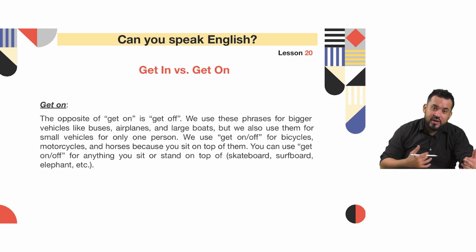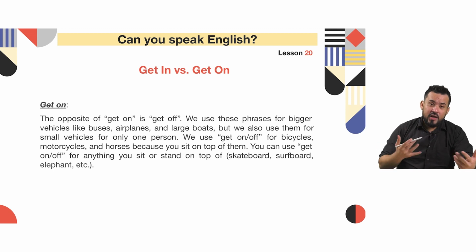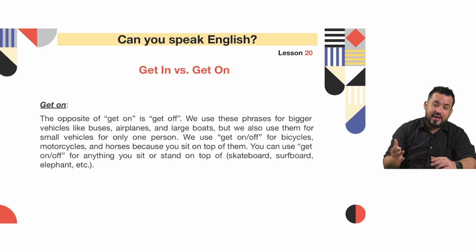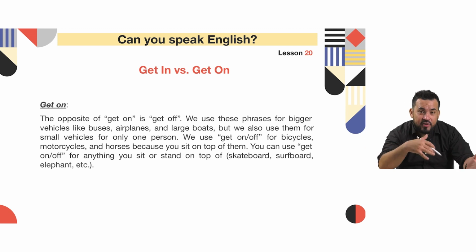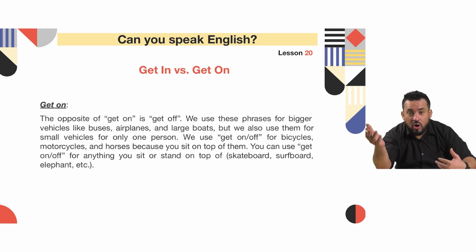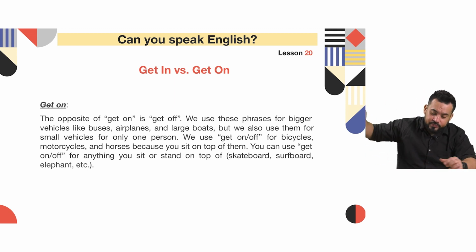You get on the train, you get off the train. While get in is for smaller boats or cars or trucks. So you say get in the truck or get out of the truck. Get in the car, get out of the car. Okay, so that is a difference. Get in for smaller, get on for bigger.